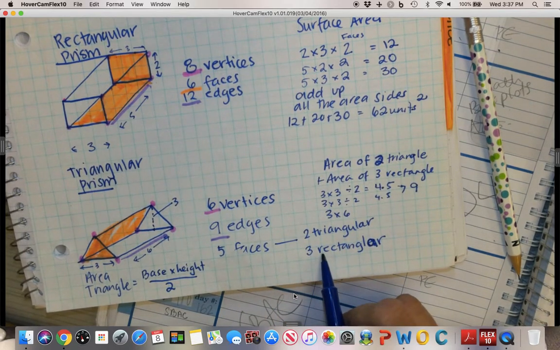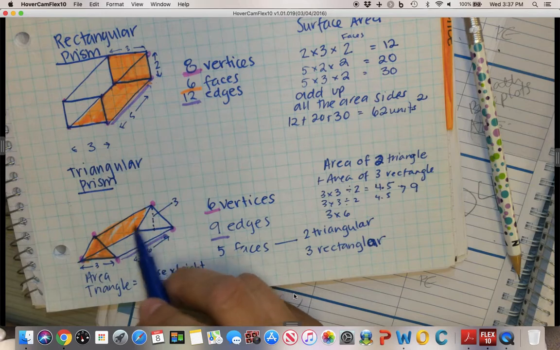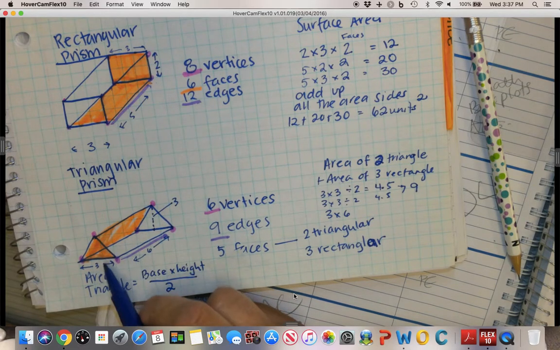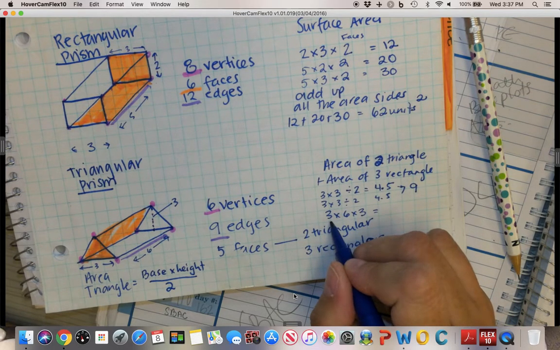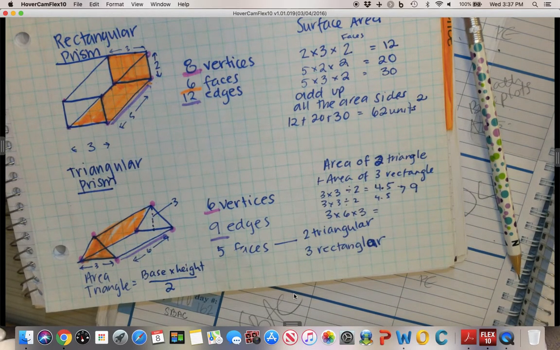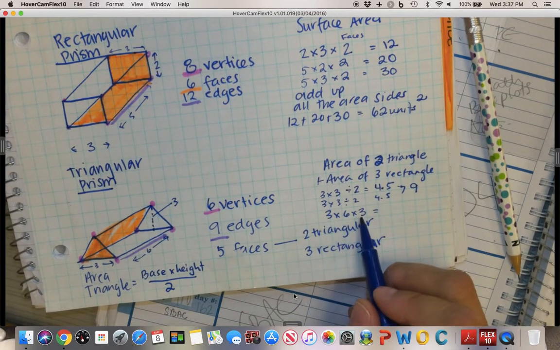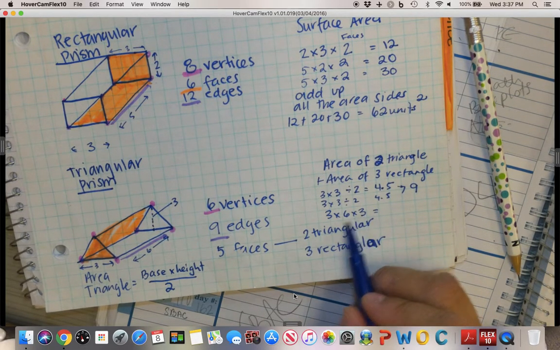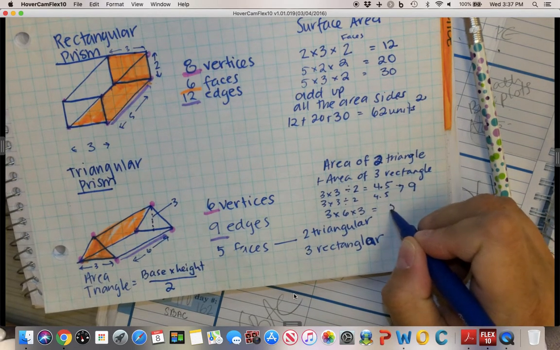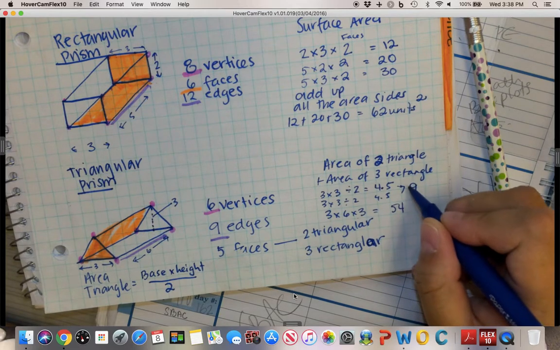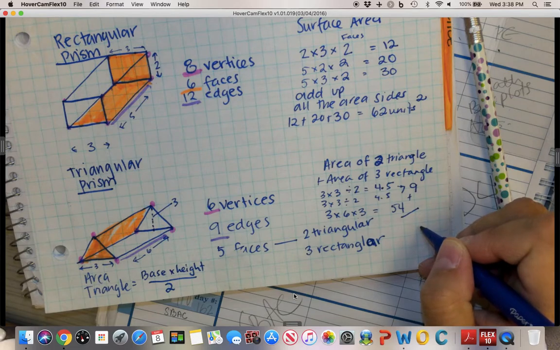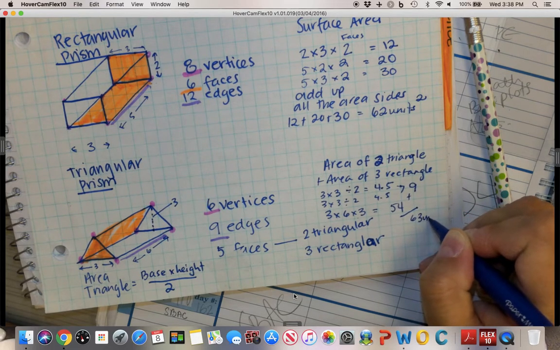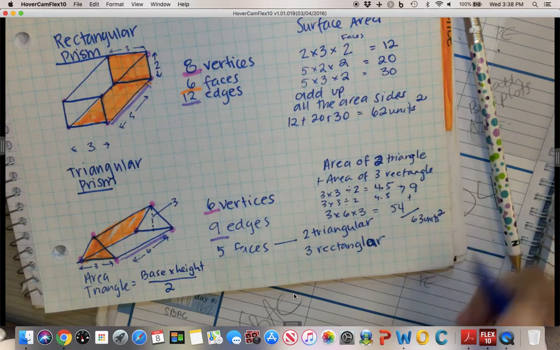And how many of those do I have? 1, 2, 3. 6 times 3 is, or here, I'll do it this way. 3 times 3 is 9. 3 times 3 is 9. 9 times 6 is 54. Plus the 9. My answer is 63 units squared.